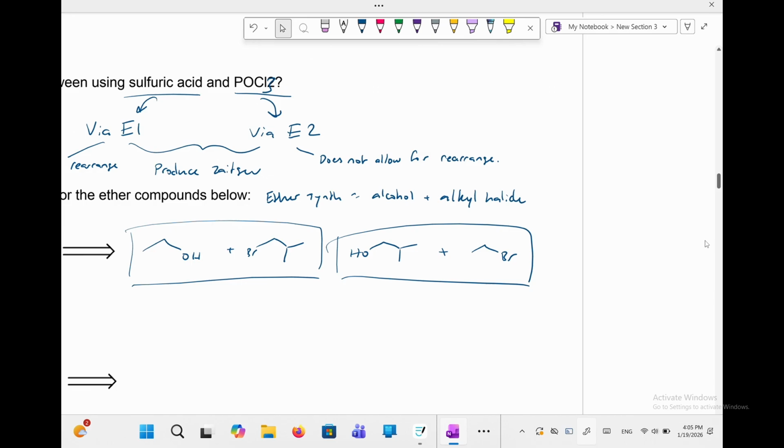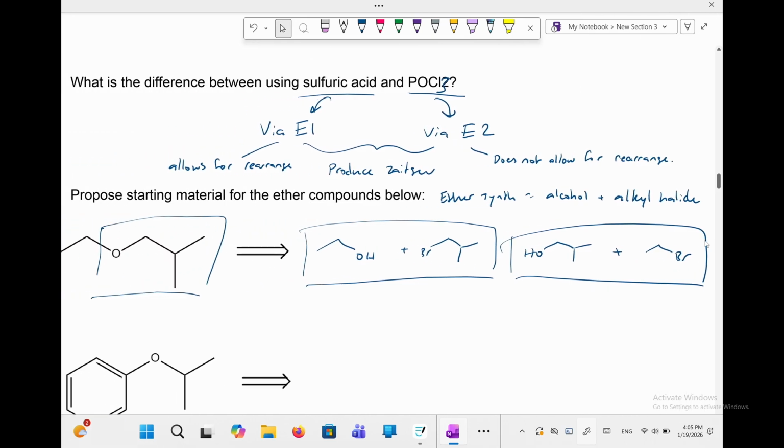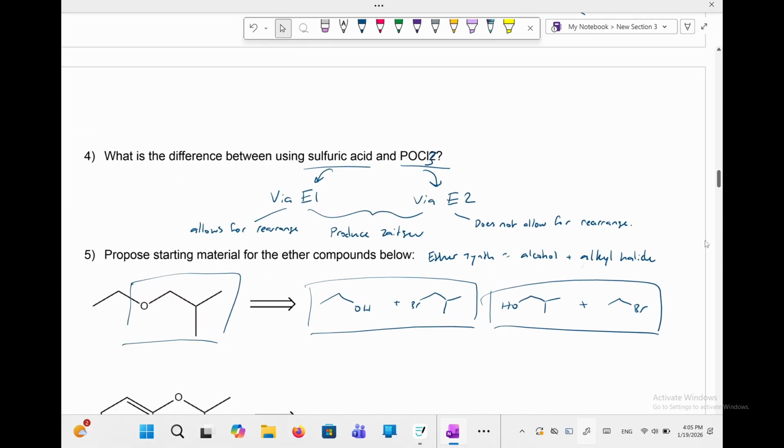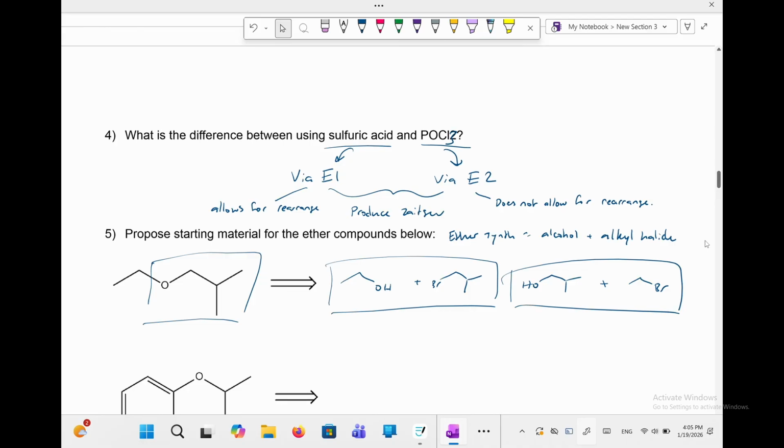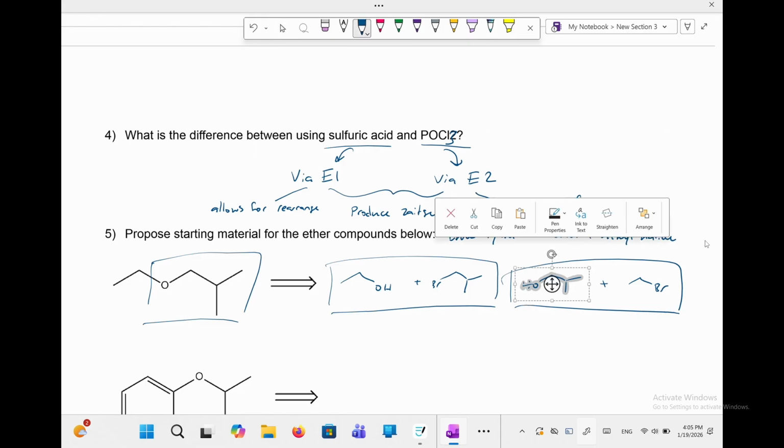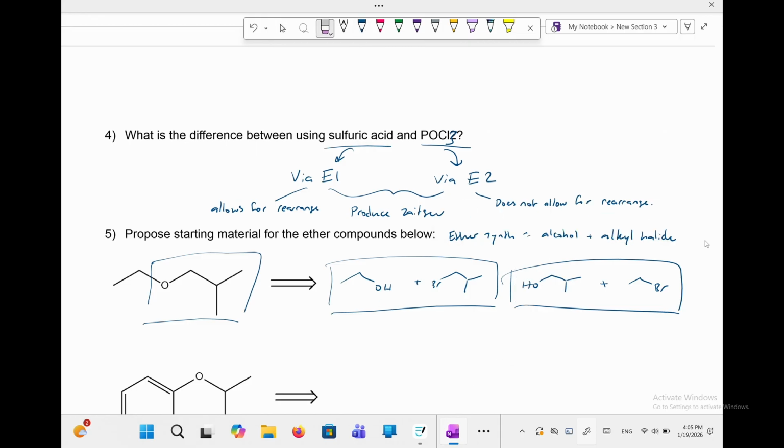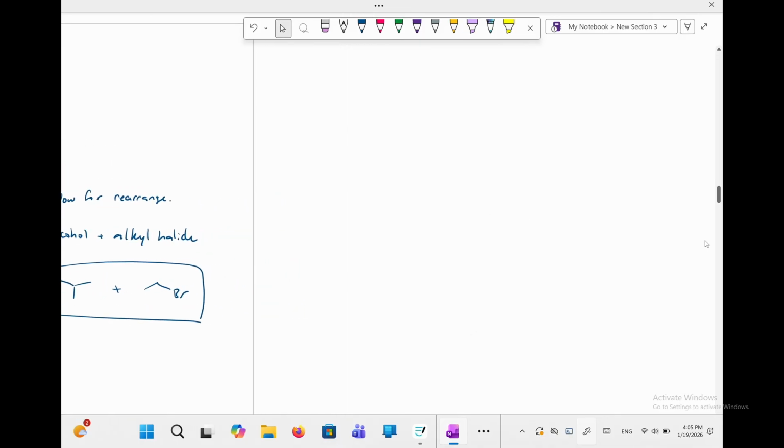At its core, let's talk about this. At its core, Williamson ether synthesis is a typical SN2 reaction. And because it's an SN2 reaction, it has the same limitations as one, right? When we deprotonate our alcohol, which is the first step in a Williamson ether synthesis, typically with sodium hydride, we get an alkoxide.